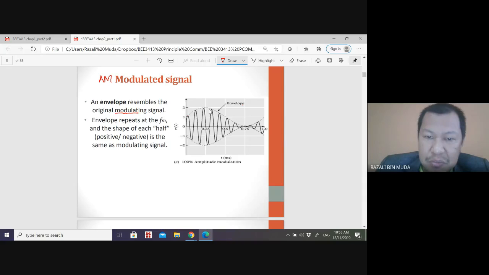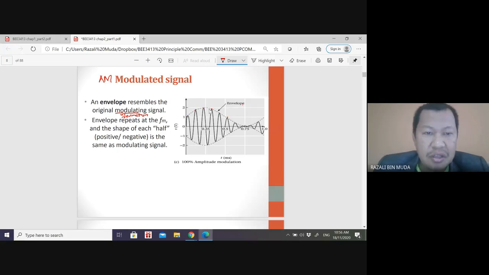Macam the first peak is here, the second peak here, the third peak here. So it follows, or it resembles, the modulating signal ataupun the information, or the baseband. So this is the AM modulated signal.